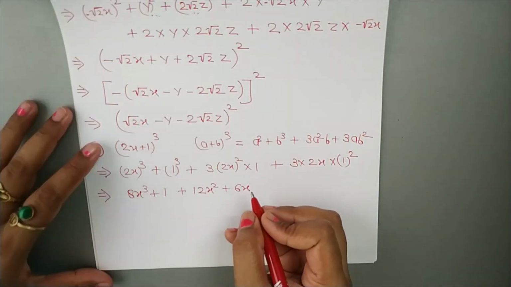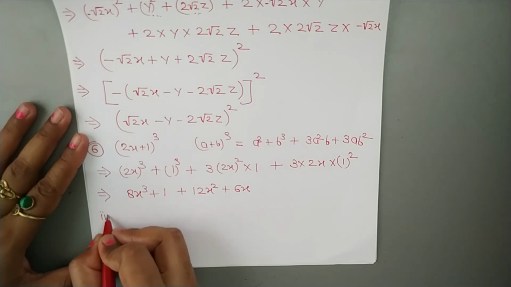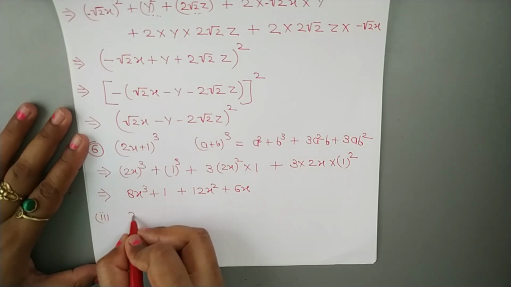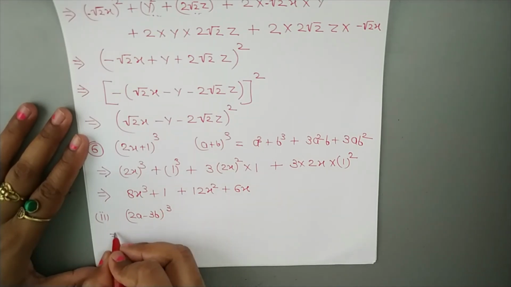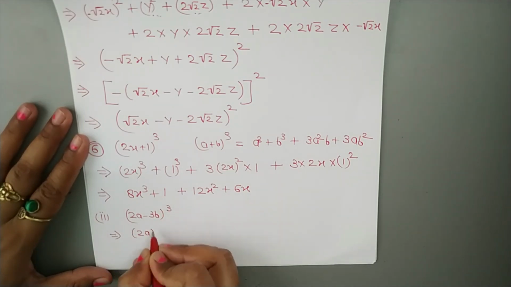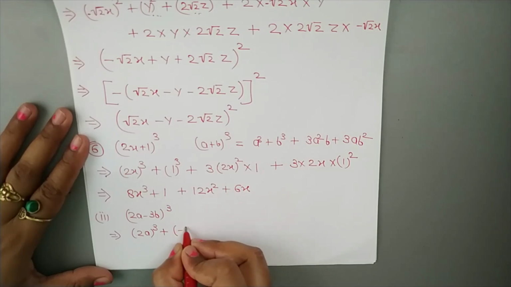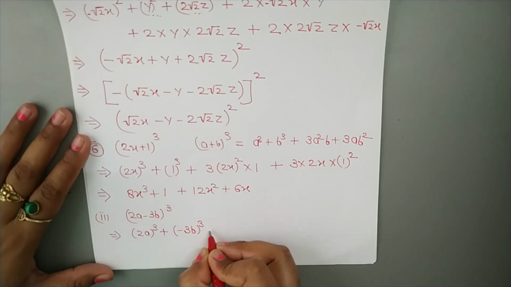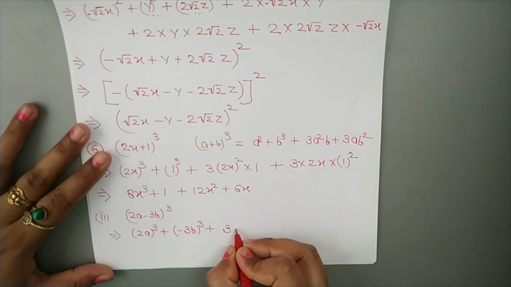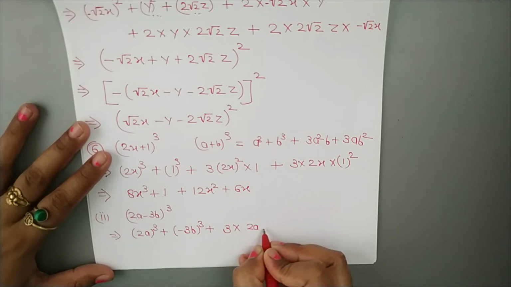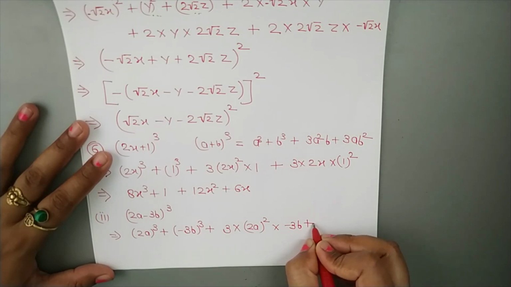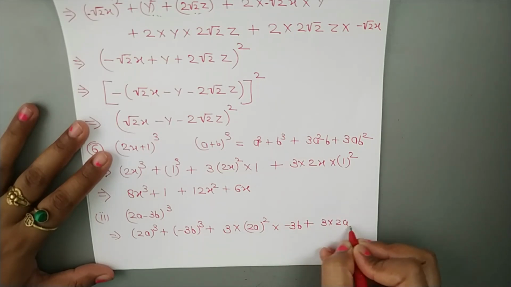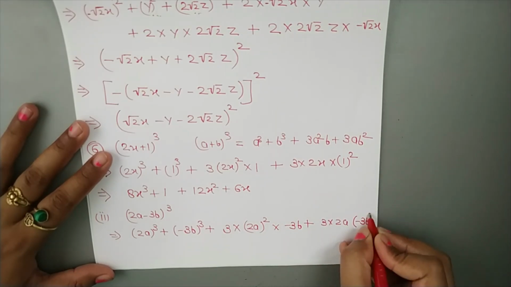Okay, then the second part is 2a minus 3b whole cube. So it will be a cube, that is 2a cube, plus, here this will be cube, plus 3 a square, that is 2a whole square into minus 3b, plus 3 into 2a then minus 3b square.